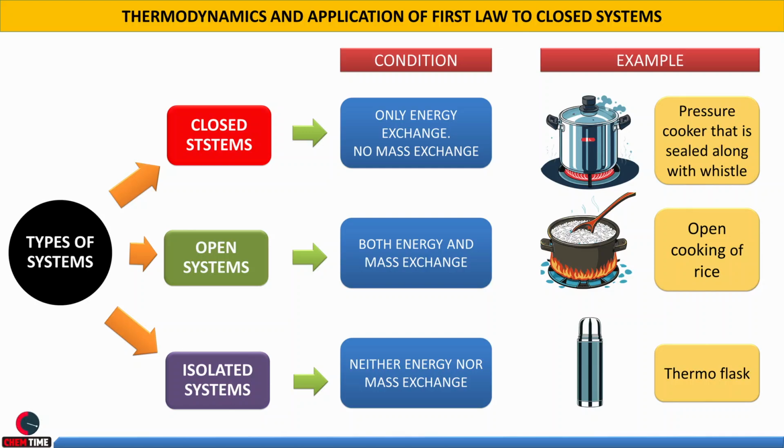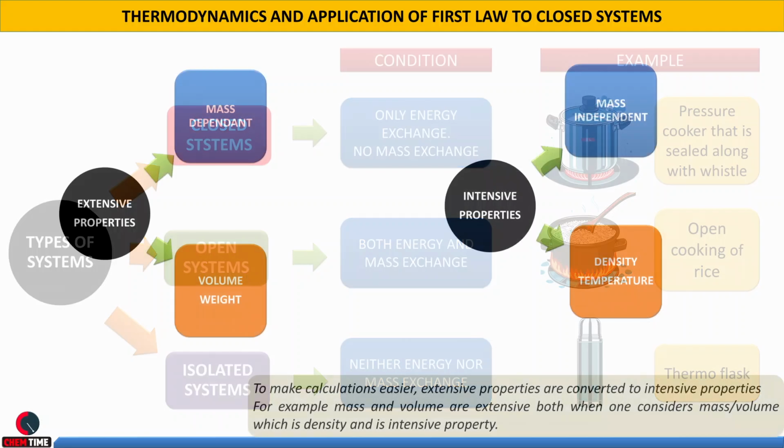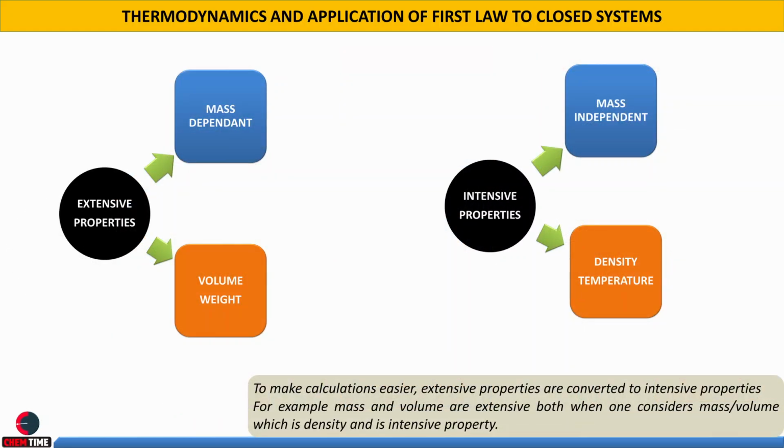In case of open system, there is both energy and mass transfer. When we cook rice in an open container, there is exchange of mass as well as heat, and that is an example of an open system. And in case of an isolated system, neither energy nor mass exchange takes place, and we can see this in a thermos flask.